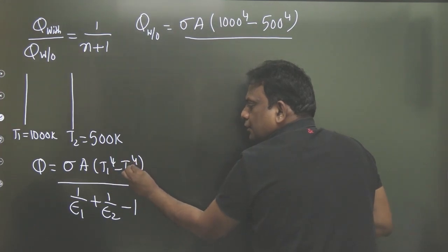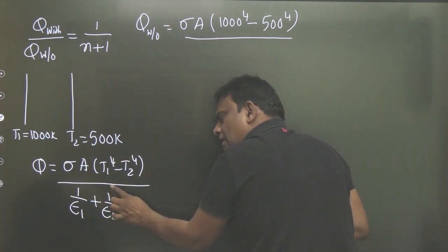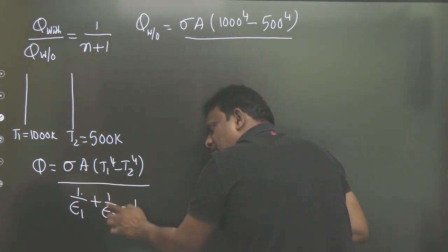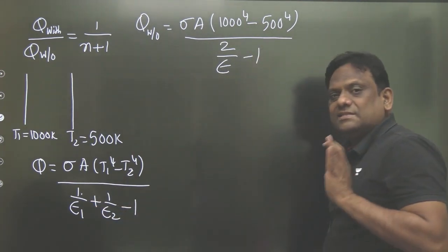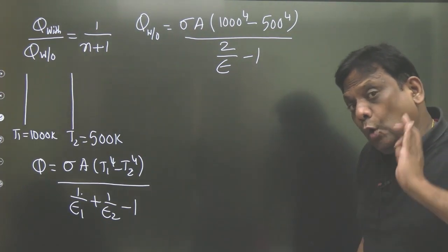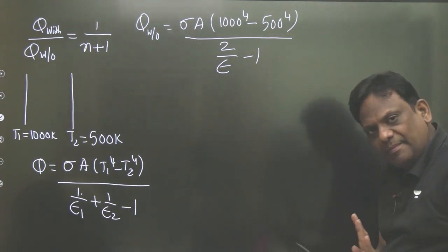T1 is 1000, T2 is 500. Can I write 1 by epsilon plus 1 by epsilon as 2 by epsilon? Yes, so 2 by epsilon minus 1. This is the equation of heat transfer without shield.